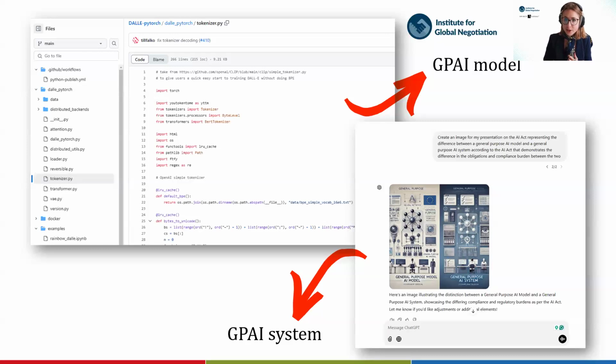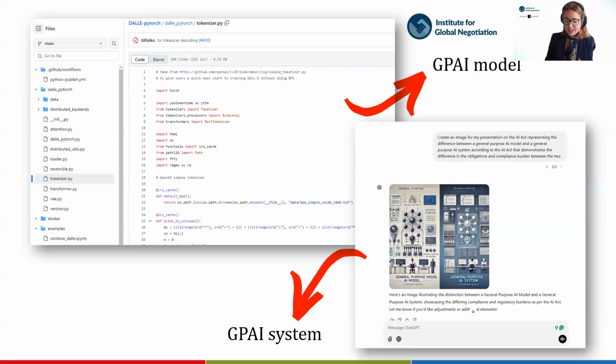Because, for instance, here, the law puts most of the obligations on the providers of the models, meaning OpenAI that designed DALL-E, Microsoft that designed Copilot. But it also doesn't leave the system providers, so the ones using and fine-tuning the actual ChatGPTs, DALL-Es, etc., in the lower shape and form. So it doesn't exempt them completely from obligations.